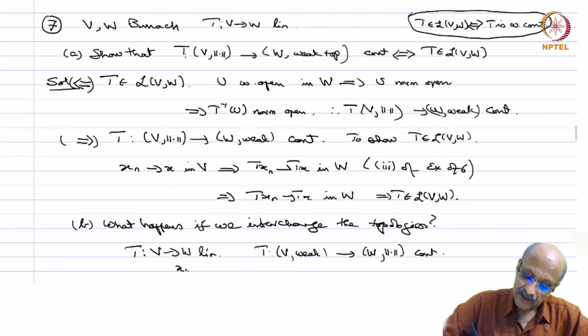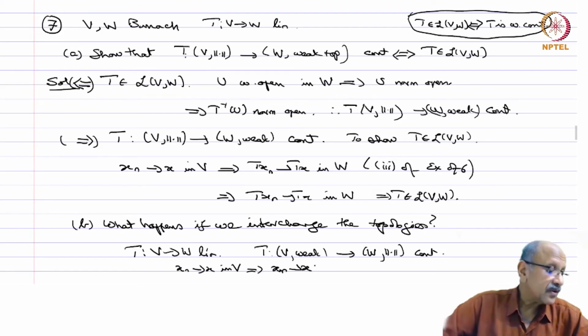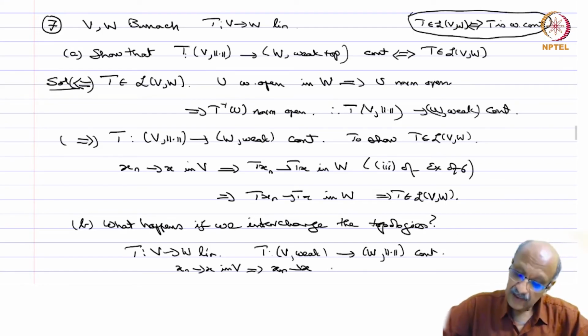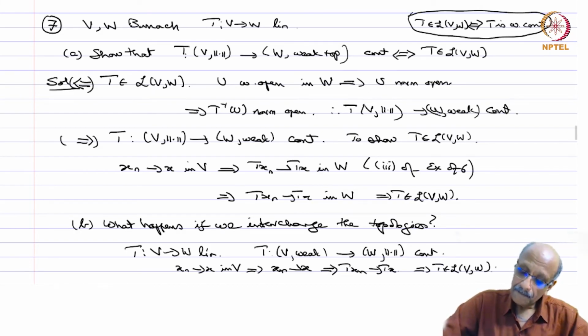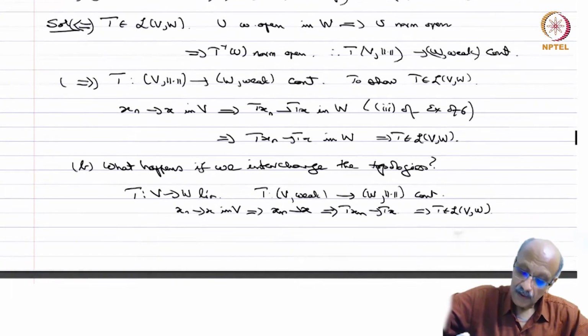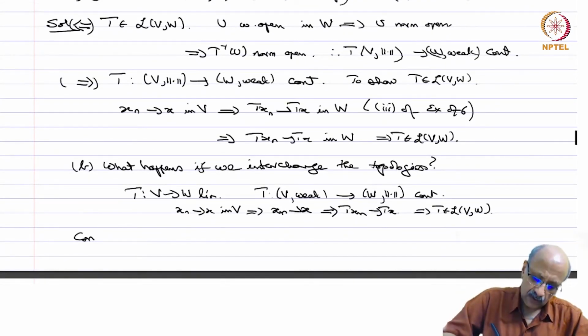So let us take Xn converge to X in V. So this implies that Xn weakly converges to X in V, and therefore that implies since T is V weak to W norm continuous, Txn strongly converges to Tx. So this implies that T is in L(V). Converse not true.